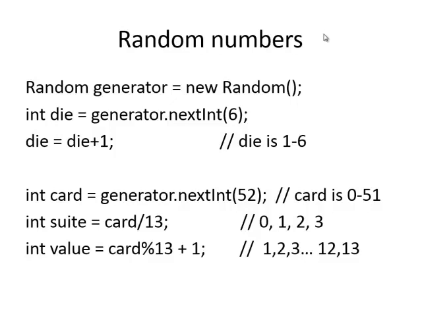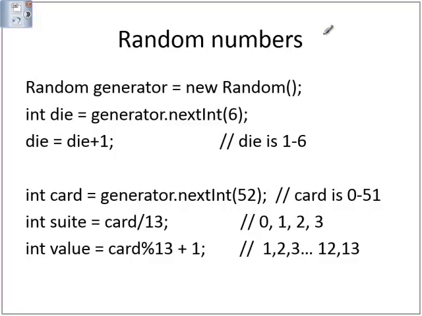The way you can create a random number in Java is, again, you have to create something called a random number generator. This is the variable name, generator. The type of the variable, Java has a class called Random, and that will generate random numbers for us.